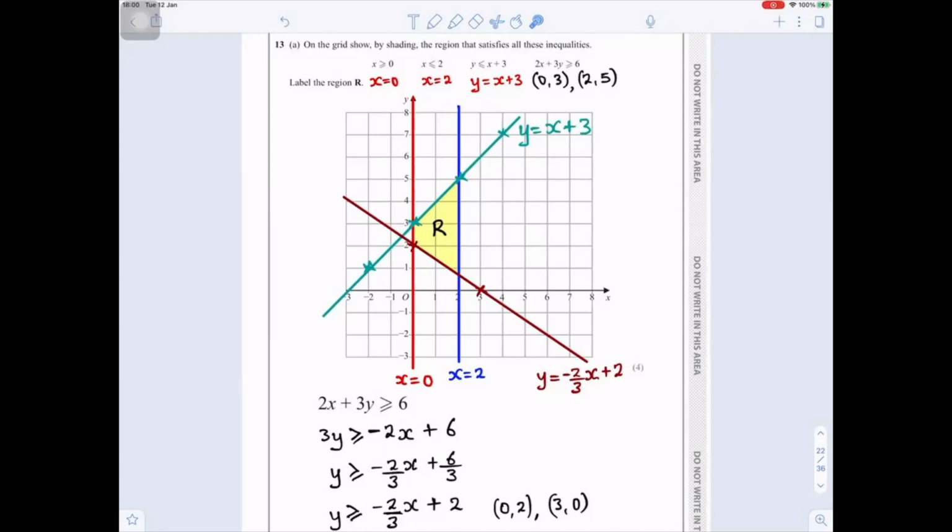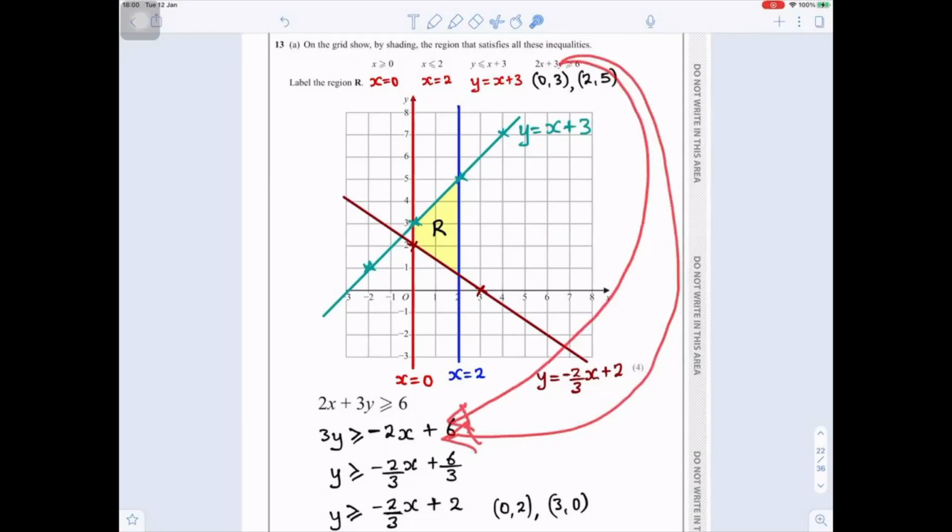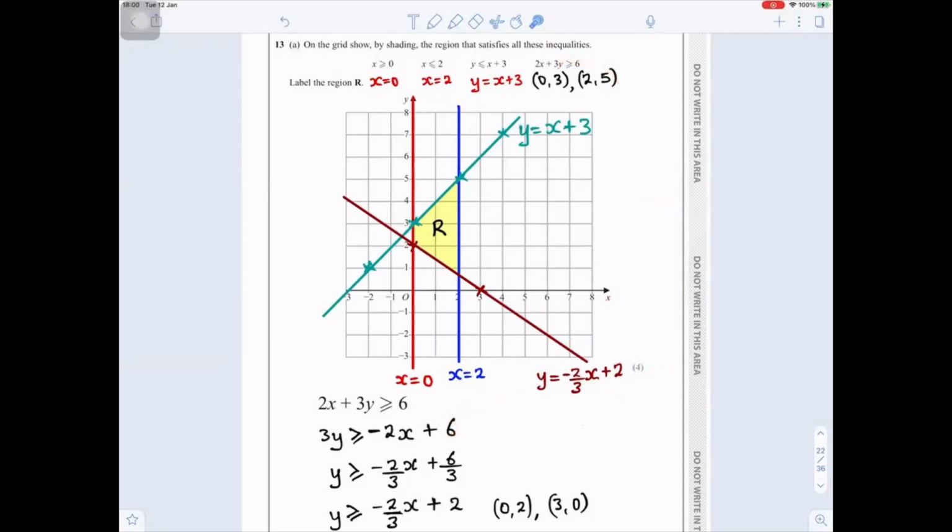The next line, number 4, the fourth line you have to draw, is 2x plus 3y is greater than or equal to 6. What you can do is take this line and rearrange it to make y the subject. If you minus 2x from both sides, it'll be minus 2x plus 6, and you divide by 3.